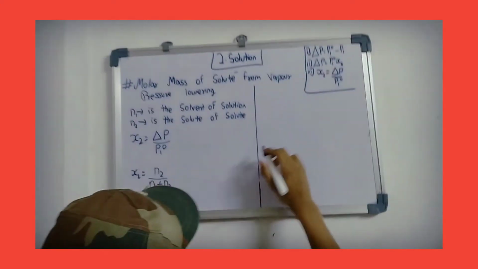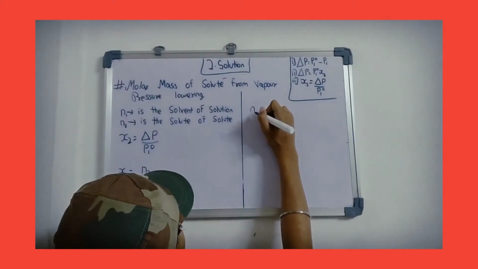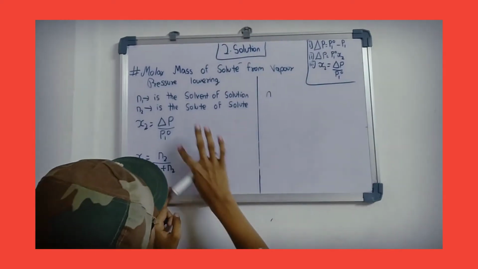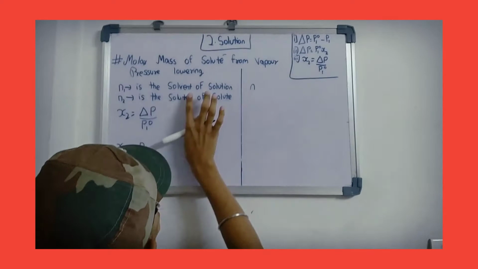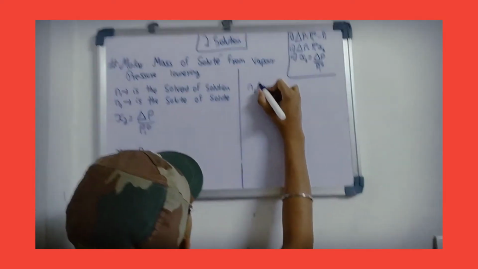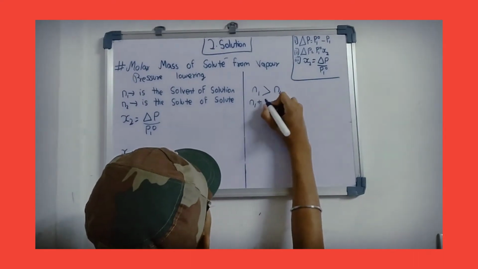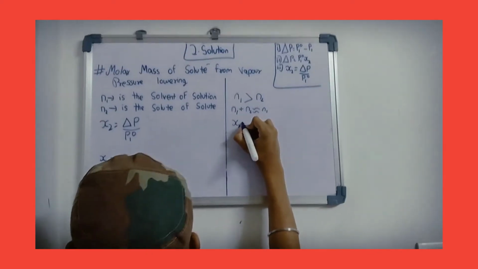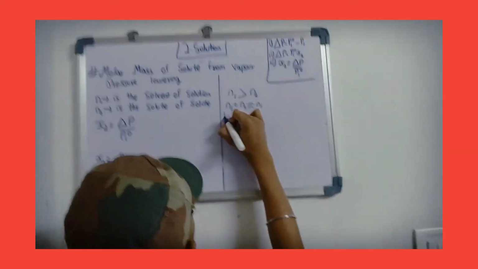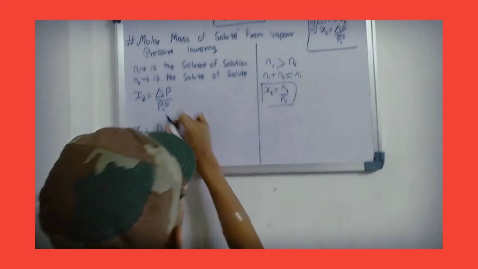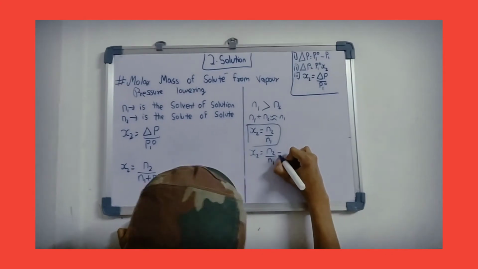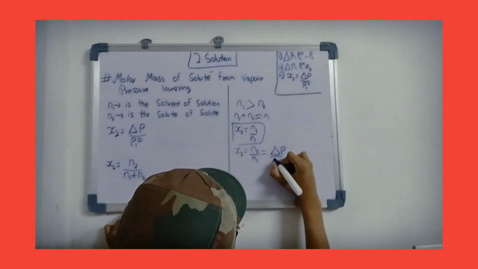If N1 is the number of moles of the solvent and N2 is the number of moles of the solute, then the number of moles of solvent will be greater than the number of moles of solute. So we can say that N1 plus N2 is approximately equal to N1. So x2 becomes N2 upon N1. If we substitute this value in this equation, then we get x2 equal to N2 upon N1 equal to delta P upon P1 naught.